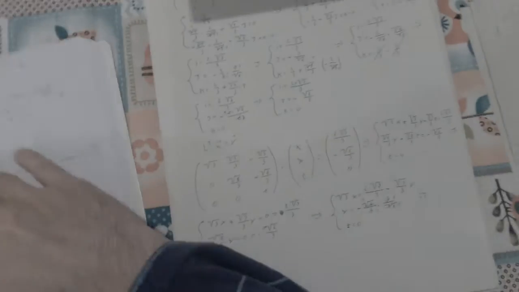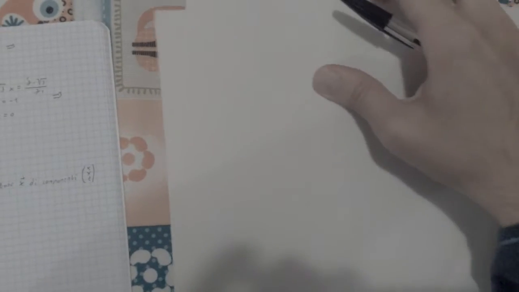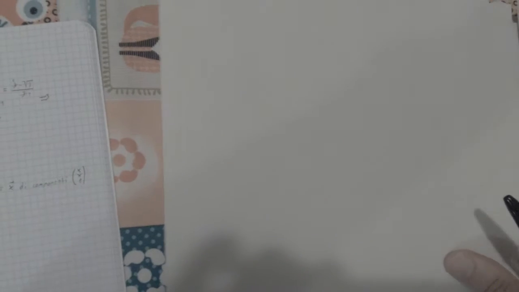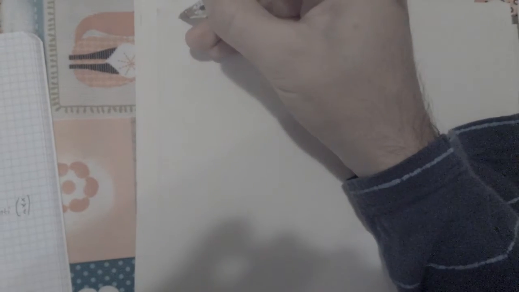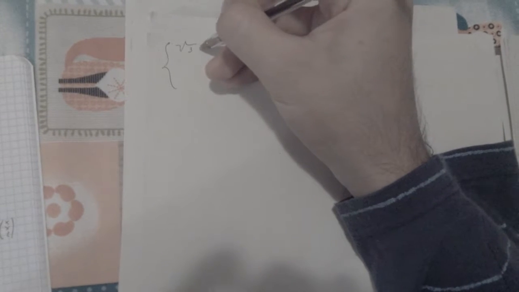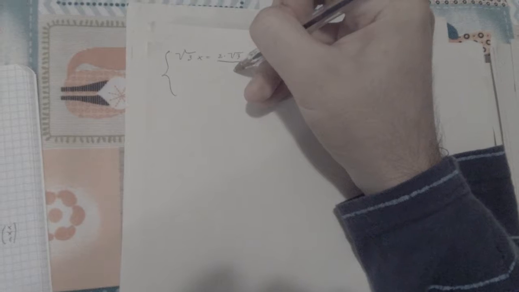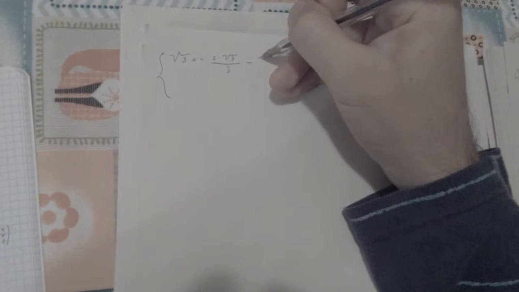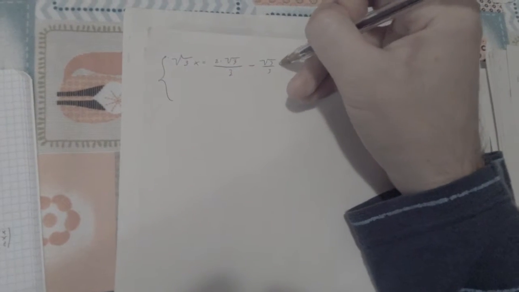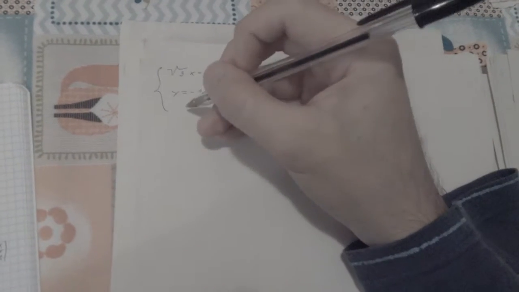So let's go on, and we basically get square root of 3x equal to 2 times square root of 3 over 3 minus square root of 3 over 3y, y equal to negative 1, and z equal to 0.